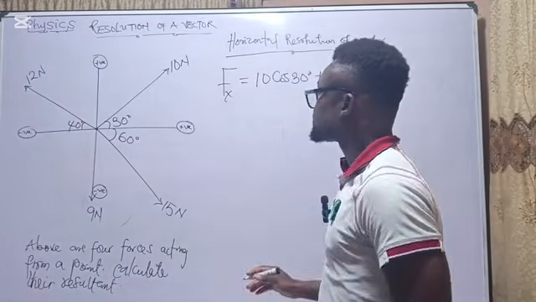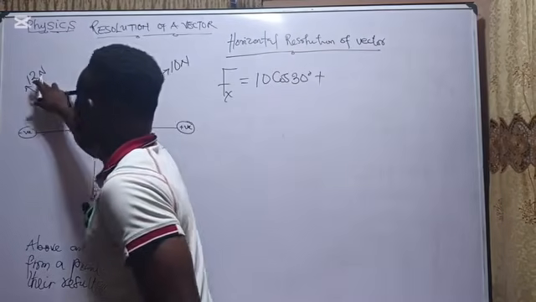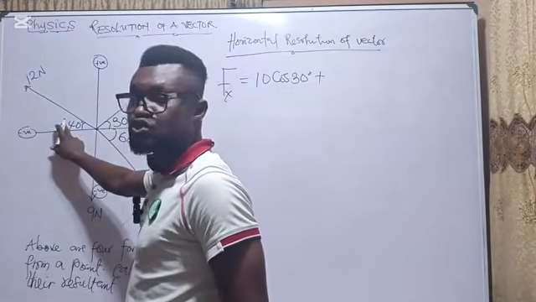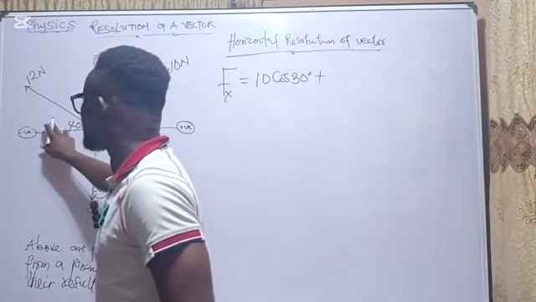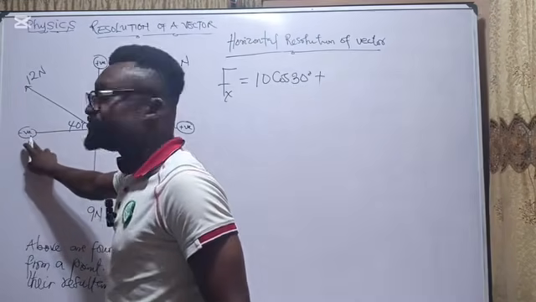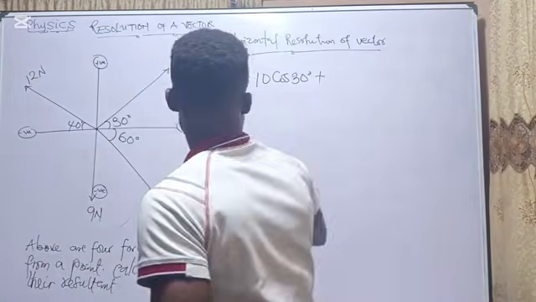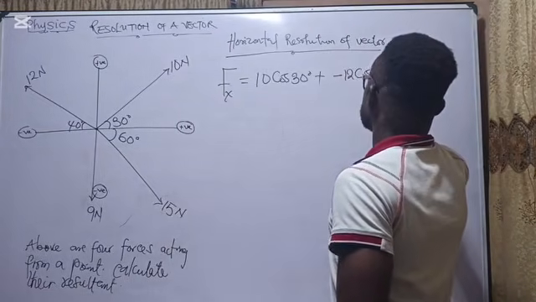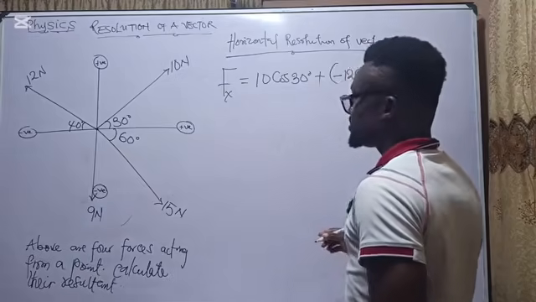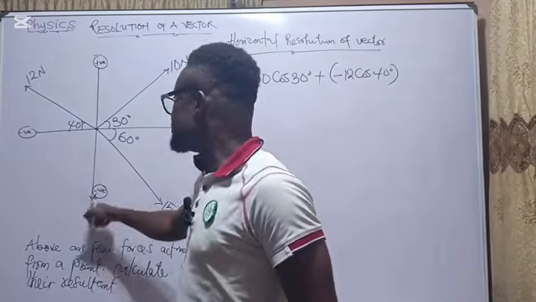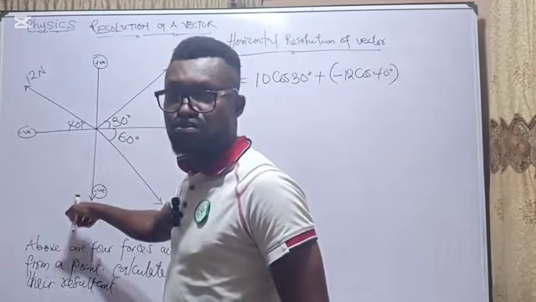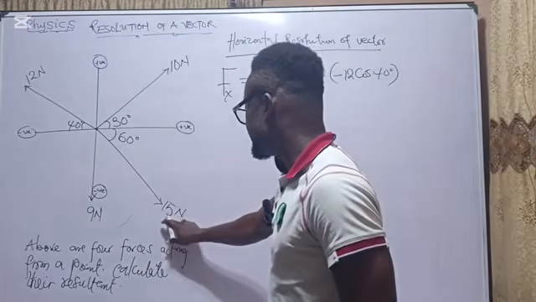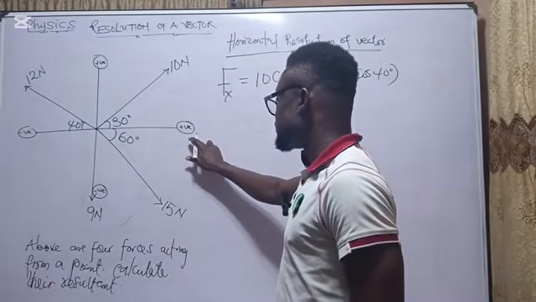Then plus, we resolve 12 Newton to the horizontal. There is an angle in between, hence we use cos. So 12 cos 40, but it is in a negative direction, right? So we have minus 12 cos 40 degrees. Then 9 Newton is already on the vertical component, so no need for resolution. Then we come to 15 Newton, we resolve it to the horizontal.